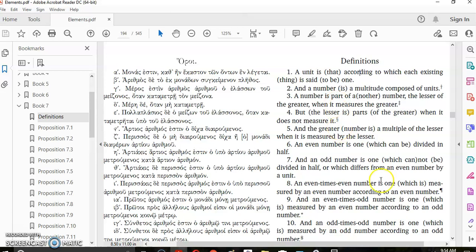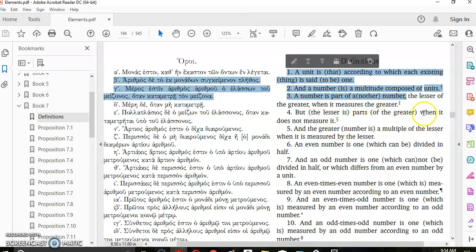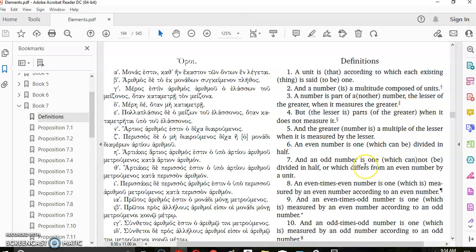When parts of the greater measure the lesser. So to be a number means being a fraction. So the word klasma, or fraction, is really redundant, okay? And a number is the measure of a ratio, very simply put.